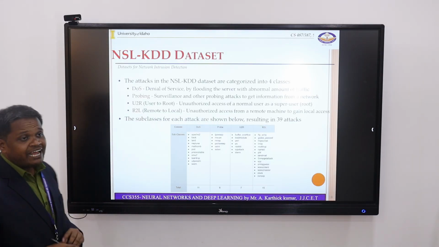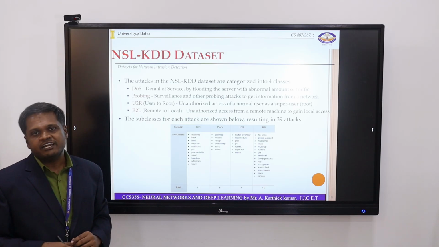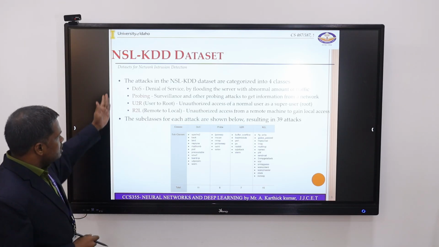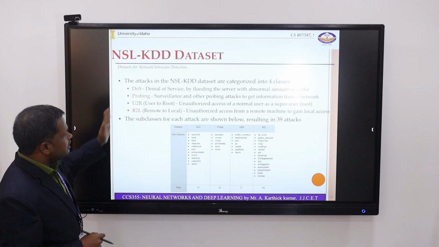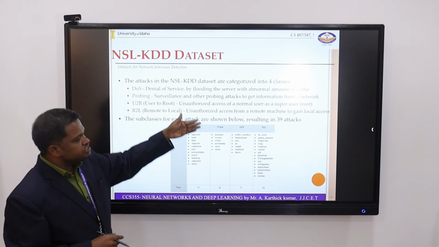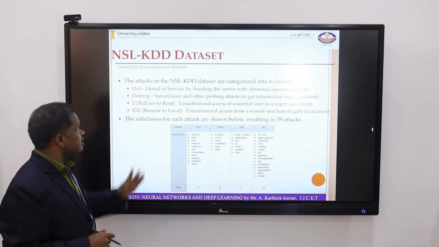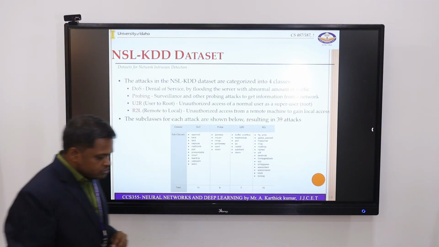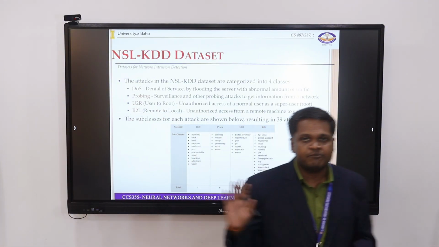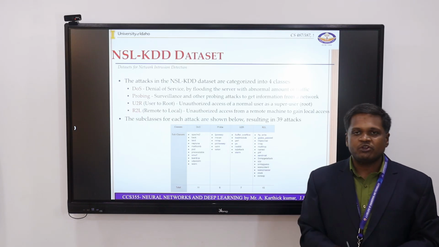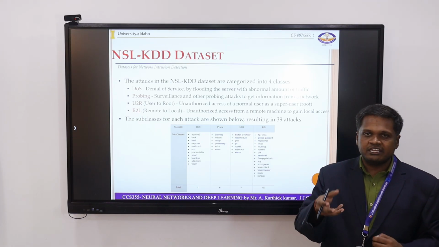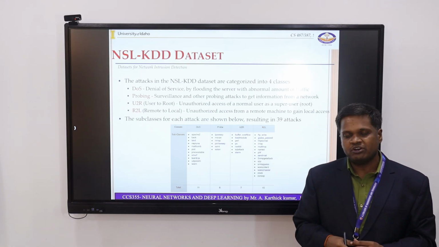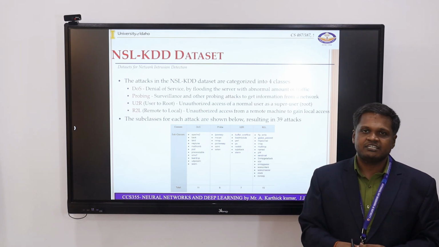And these are all the attacks available in the NSL-KDD dataset: DoS, probing, U2R, and R2L. For example, in a denial of service attack, the hackers, from somewhere else, take control of a particular device and disconnect all the devices from the Internet of Things.